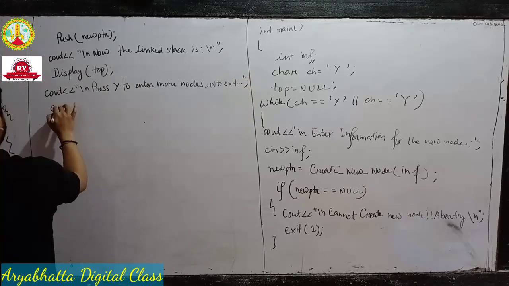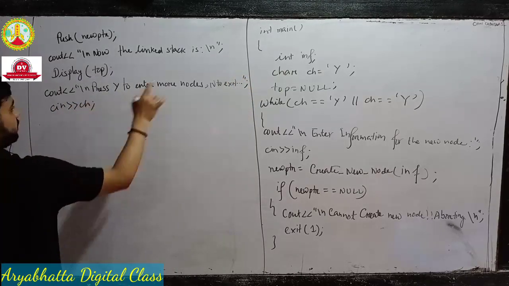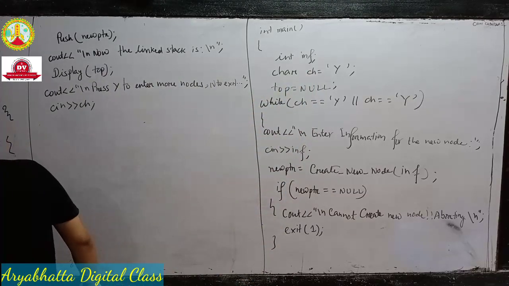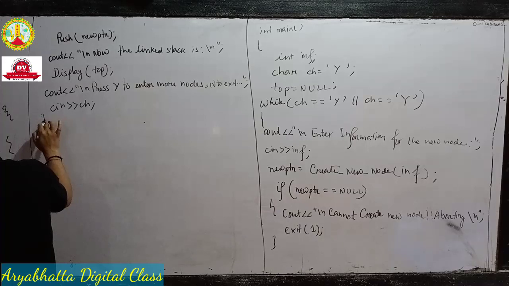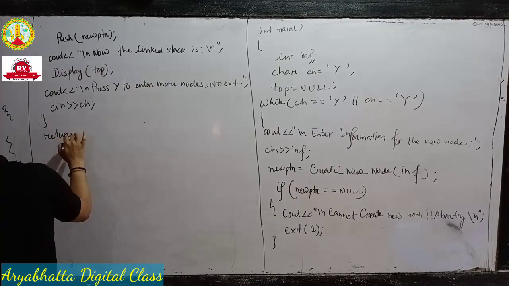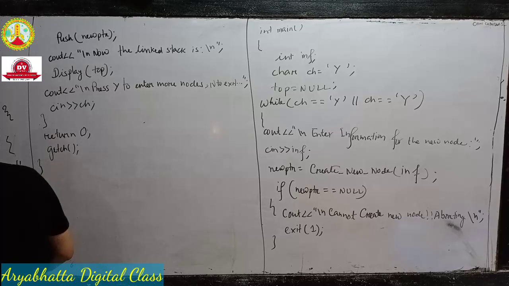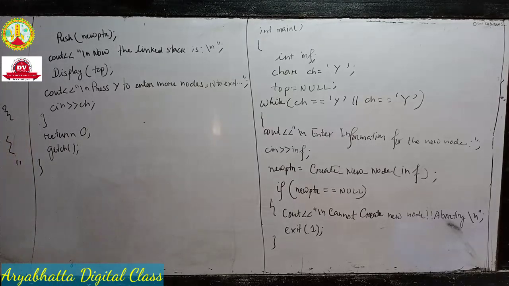And this will be coming in the variable ch, this in here. Okay. And in here the main function will be ended. Return 0, getch. Okay. Now we have to give the definition of the functions.